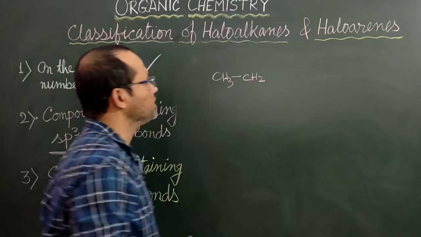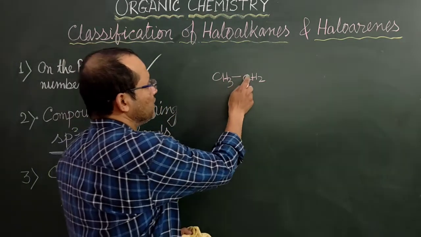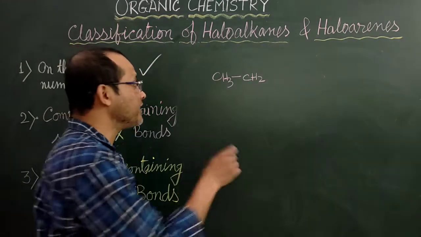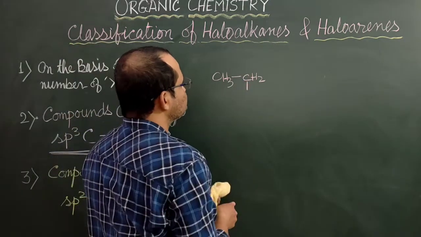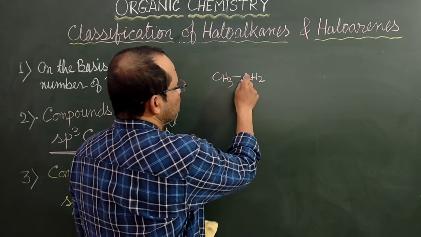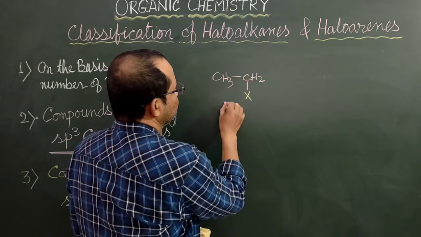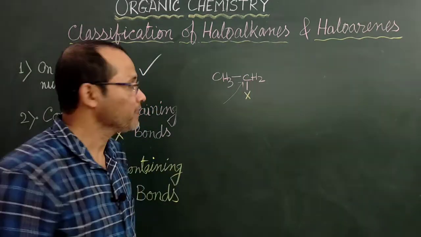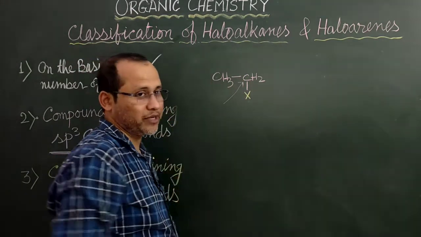Let us consider this carbon atom. This carbon is directly linked to one carbon atom, and if this one contains one halogen atom, then first of all consider the nature of this carbon. This carbon atom which is containing the halogen is linked to one carbon atom.